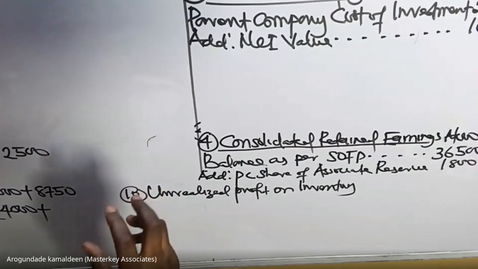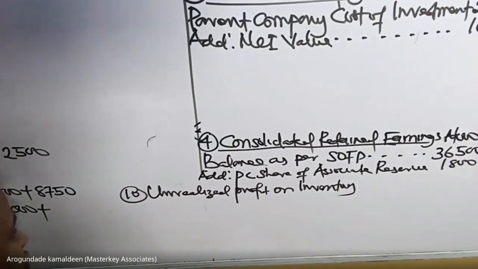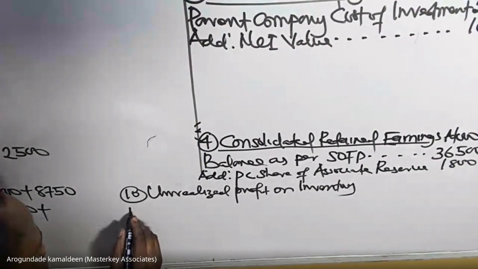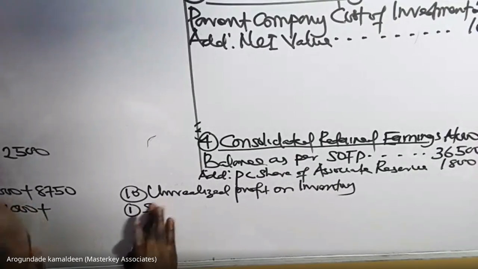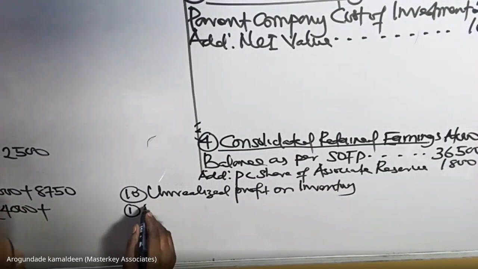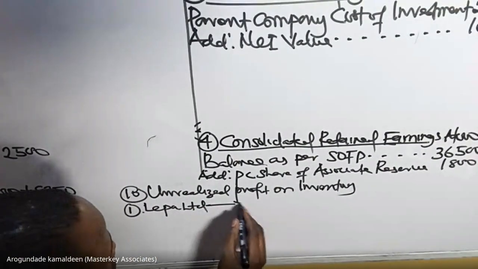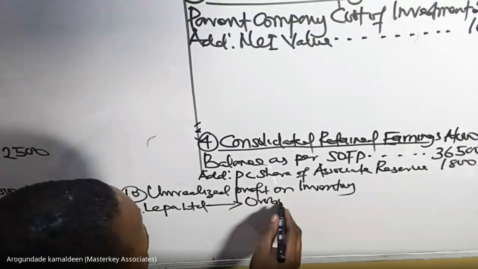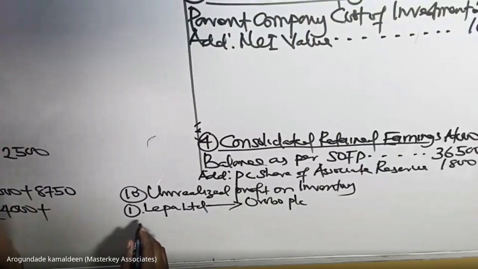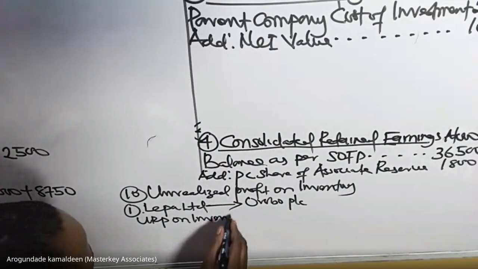One, the subsidiary sold to the parent. Two, the parent sold to the associate. So let us say case one, from the subsidiary, Lepa Limited, to Orobo. So the URP now on inventory here.